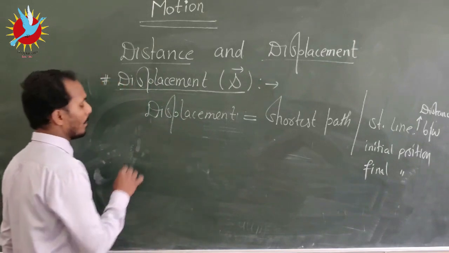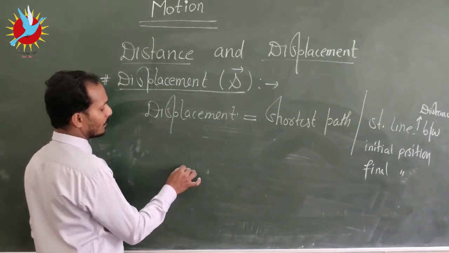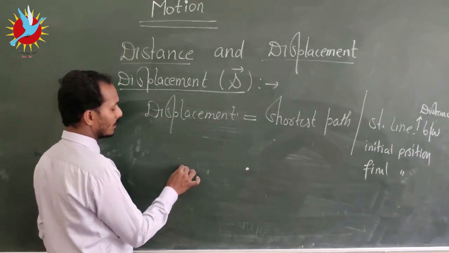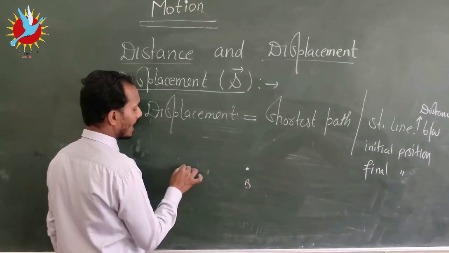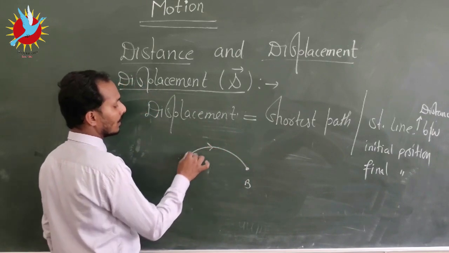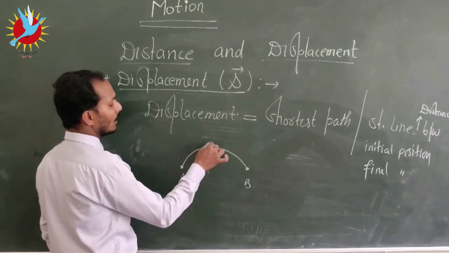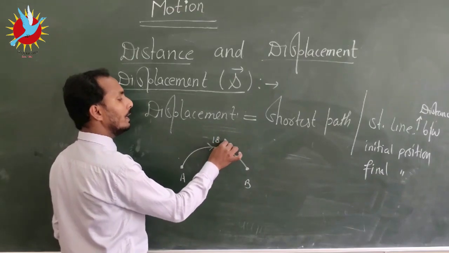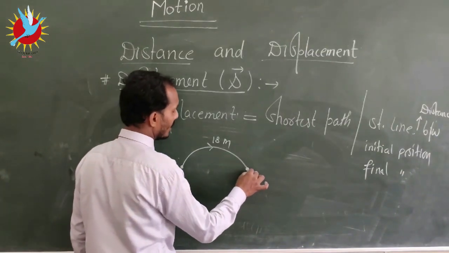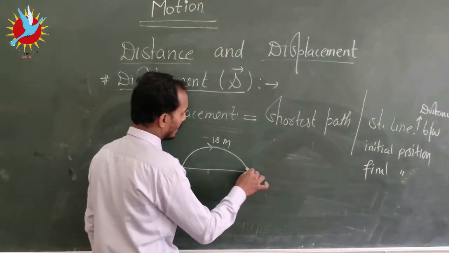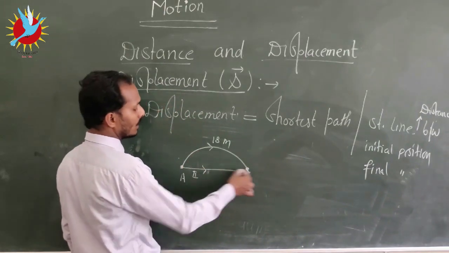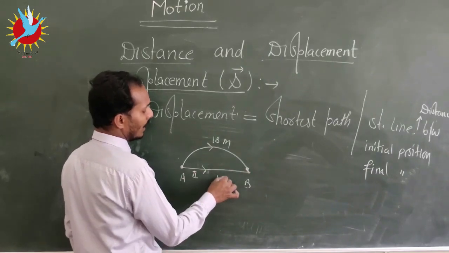For example, suppose a person starts its journey from A to B, and follows a route which has a distance of 18 meters. Suppose its second route is the shortest path, a straight line path, and its value is 10 meters.